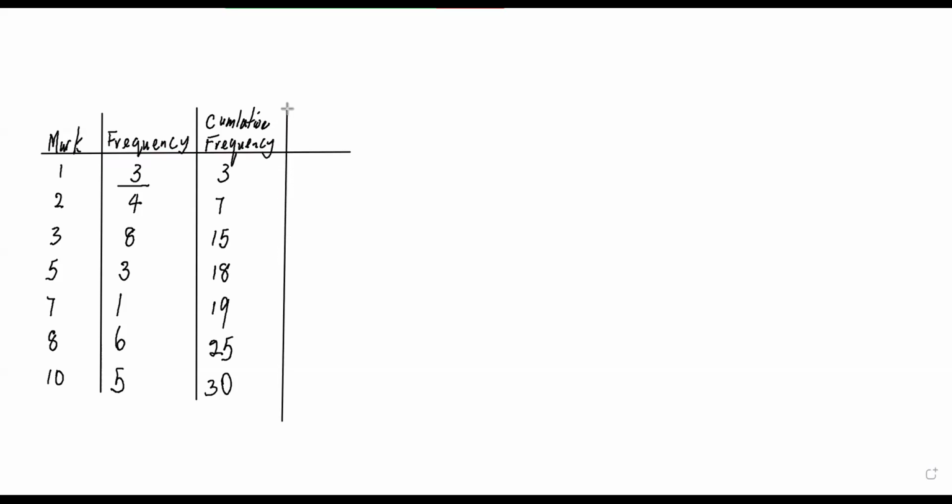So when we find the mean, I'll talk about that shortly. So I'll talk about this column later on. What I want to do is find the median.